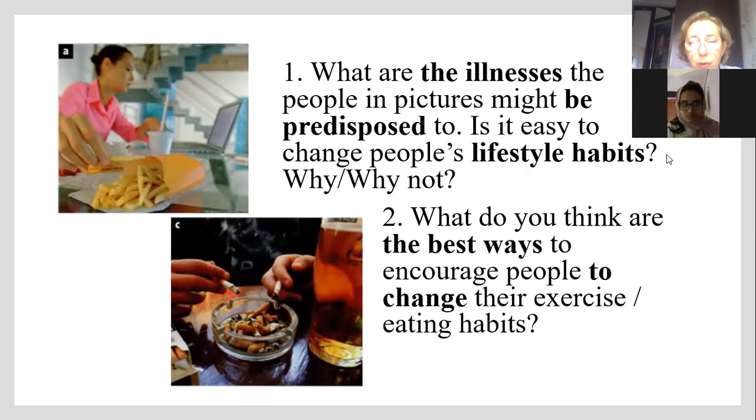So we know, you are doctors, and a lot of people know about the consequences of such lifestyle. But is it easy to change people's lifestyle habits? No, ma'am. It's hard. Why is it hard?